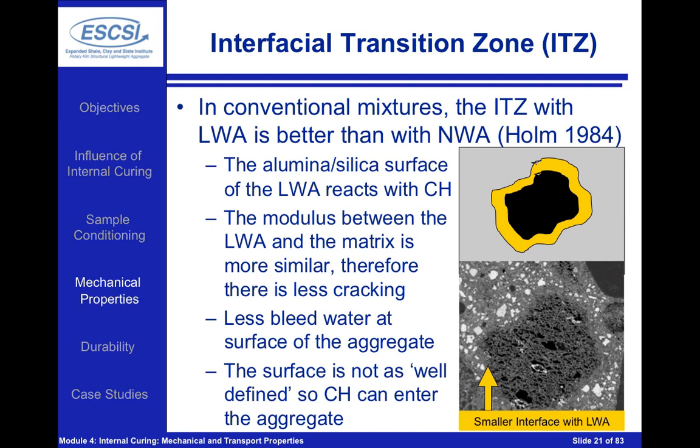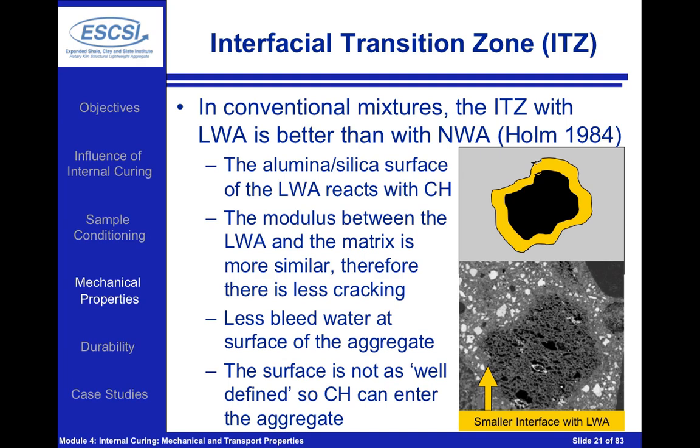This means that the modulus between the aggregate and the matrix is going to be much more similar. There's going to be less cracking in those systems. There's going to be less of a porous region in those systems. We're going to see less bleed water developing around the aggregate because water can actually be absorbed here. And what we're going to see is that this region, or interfacial region, is not really as well defined as it is around a normal sand particle, because now we're not going to have that sharp boundary.